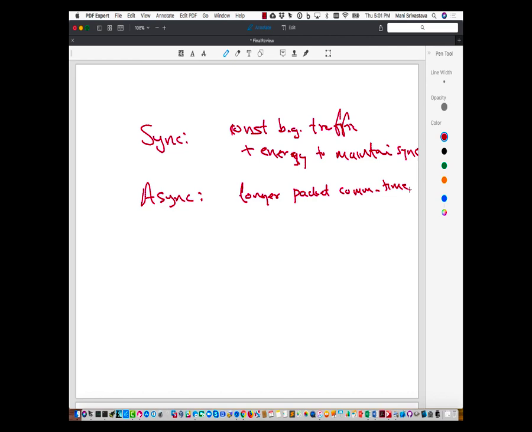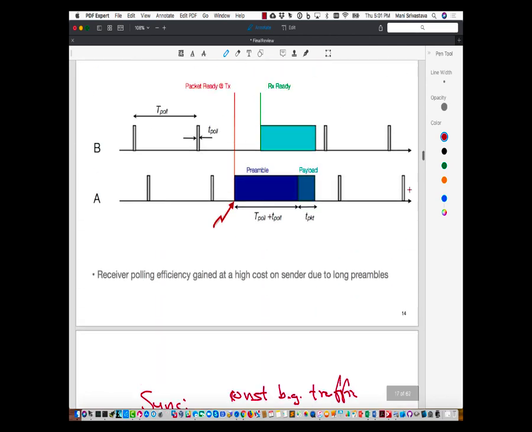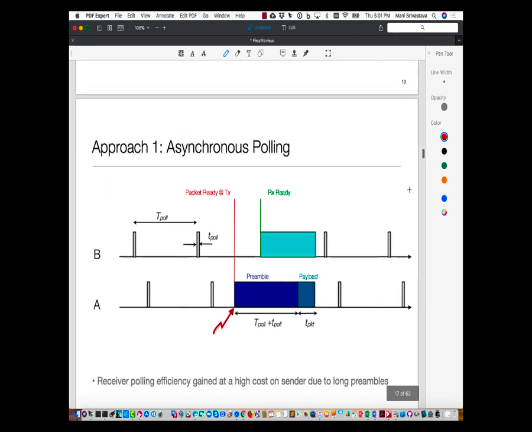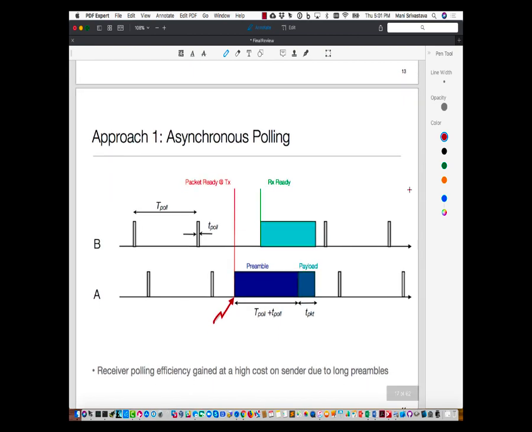Now, even in asynchronous networks, it's not as if you will never send any packet until the next event. The reality is that you also need to make sure that your sensor is alive. So usually there is still some packet sent once every so often, just to do a sanity check on the network. But that hopefully is a lot longer, maybe once a day or once a month or something like that, just sufficiently long enough.